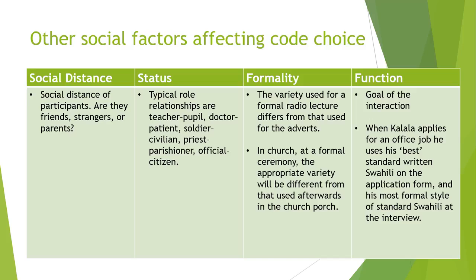And the last social factor is function, or the goals of the interaction. An example is when Kalala applies for an office job, he uses his best standard written Swahili on the application form and his most formal style of standard Swahili at the interview.